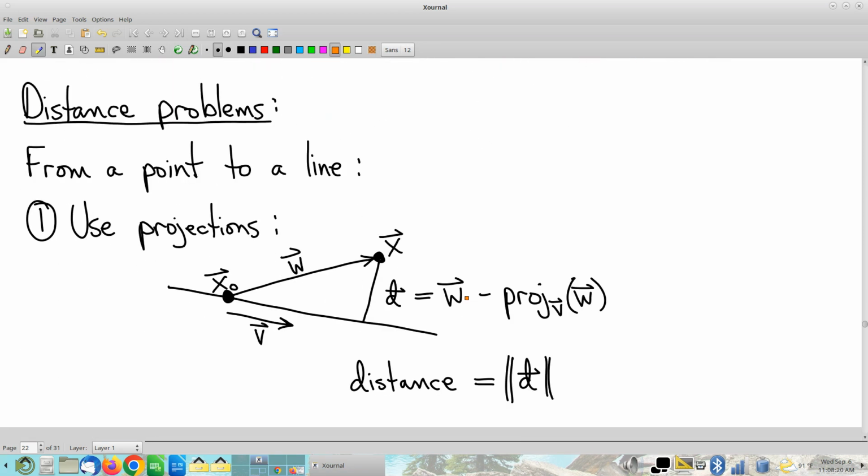Distance problems. Again, there's a bunch of different kinds of these questions. I suppose it wouldn't be a bad idea to remember some of these formulas, but again, more important than that, remember where the formulas come from. I personally cannot remember facts very well, but I remember ideas really well. Right?